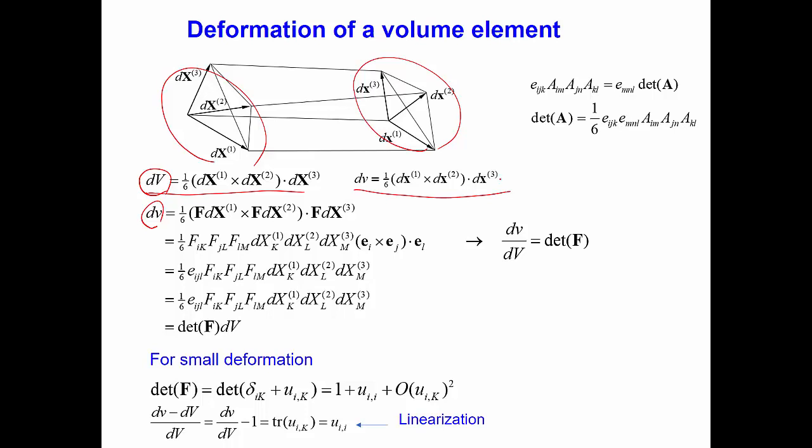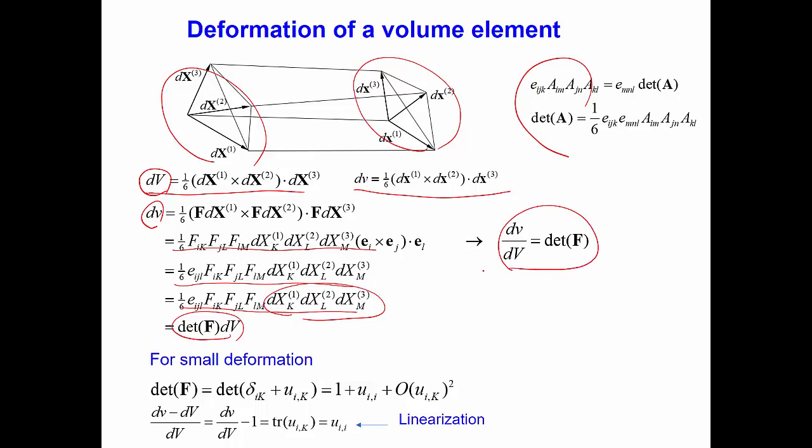Applying some index notation related arithmetic formulas, including this formula, we can directly develop the volume element in the spatial coordinate system to get an expression in terms of the volume element in the material coordinate system. So we can obtain this final equation, which is very important for advanced mechanics.